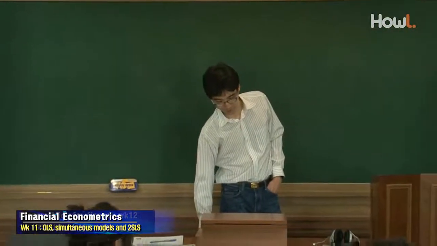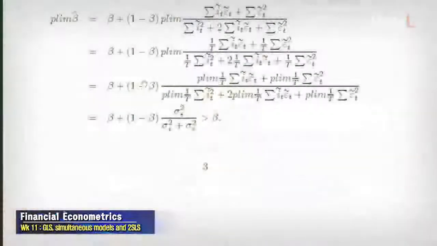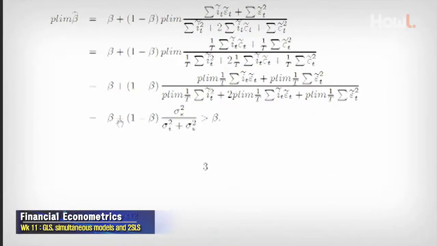Therefore, if we run the regression and estimate beta, given that beta is between 0 and 1, the estimate of beta is likely to be exaggerated.